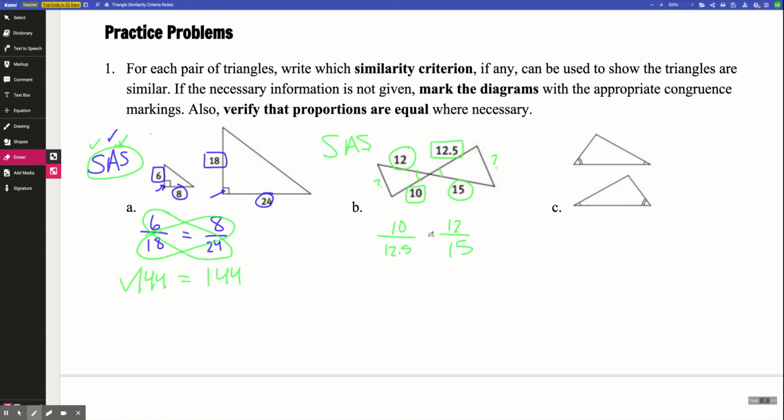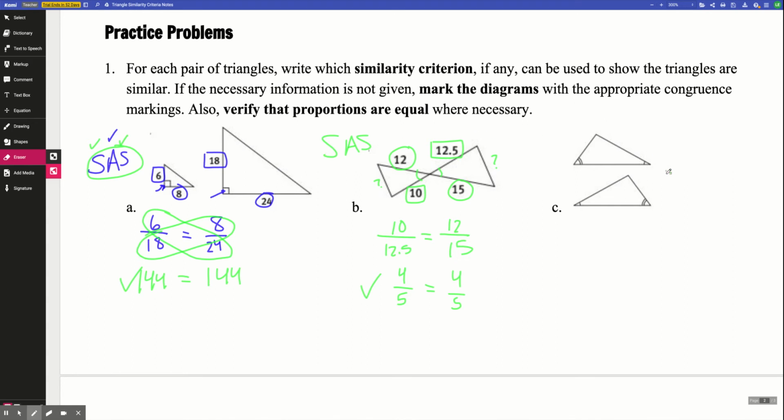I'm going to use the reducing method for this one. 2.5 is a common factor between 10 and 12.5: 10 divided by 2.5 is 4, and 12.5 divided by 2.5 is 5. The common factor for 12 and 15 is 3: 12 divided by 3 is 4, and 15 divided by 3 is 5. Check, the same fraction. So I have 1 angle and 2 proportional sides, so I'm good.